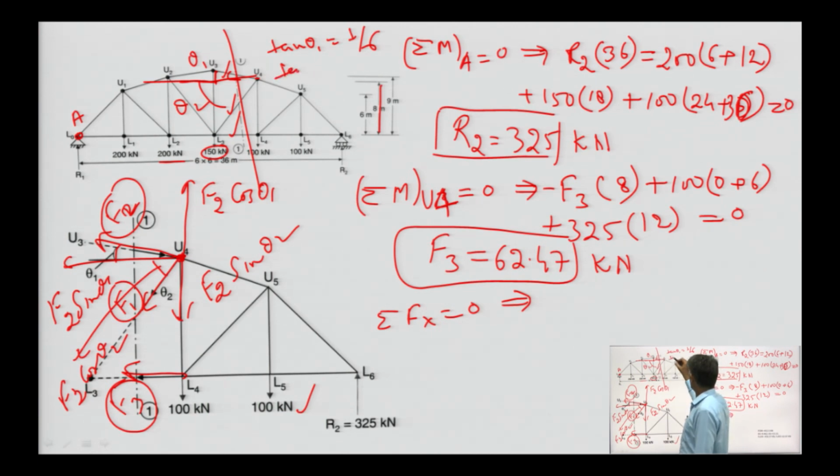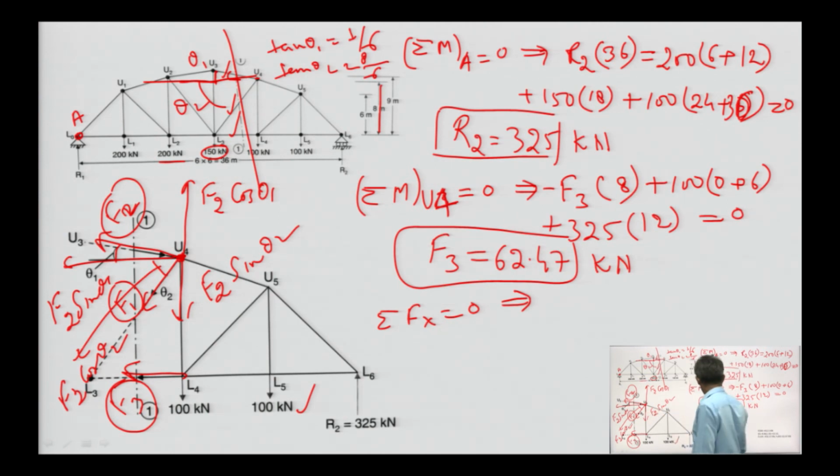Tan theta 2 equals what will be this distance? The total is 8, so it is 8 by 6. So, tan theta 2 can be calculated, theta 1 and theta 2 can be calculated.